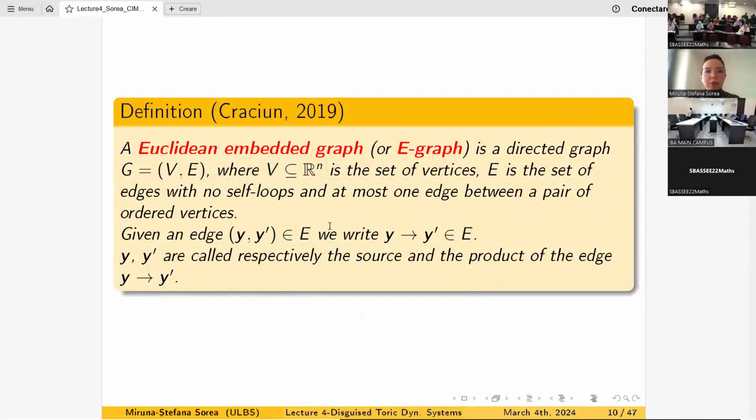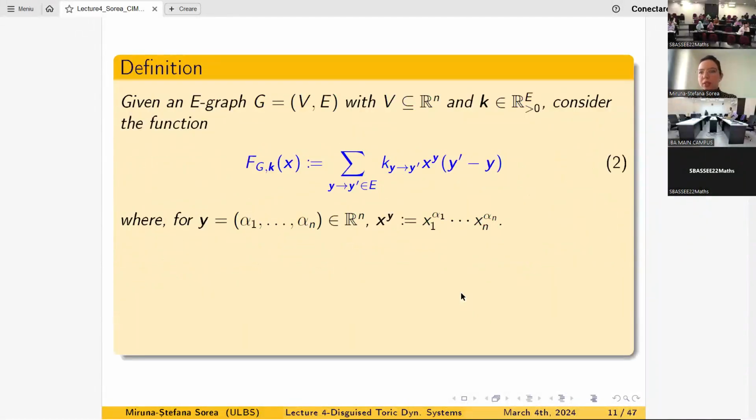Let us suppose that there are no self-loops, and there is at most one edge between a pair of ordered vertices. Sometimes we use this notation for an edge of the graph: we have the source and the target and an arrow in between, and we say it belongs to E, the set of edges. And we need now several definitions, they're not complicated, but they're crucial now for understanding the disguised toric locus.